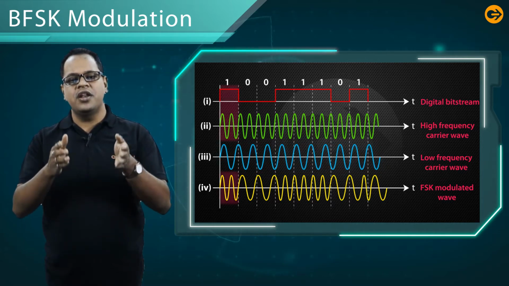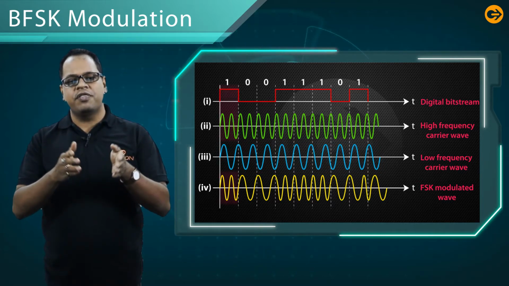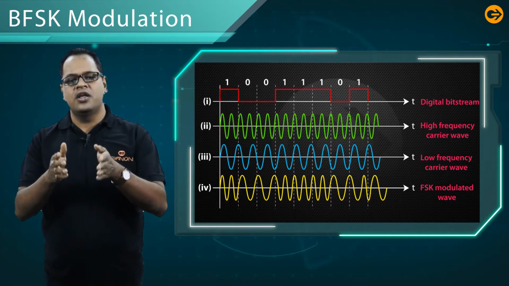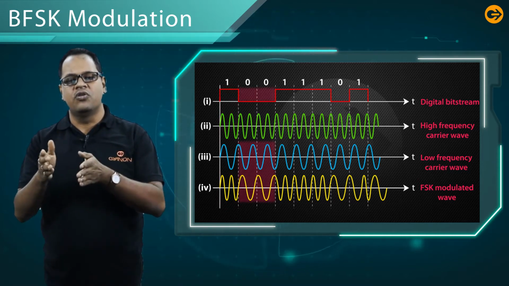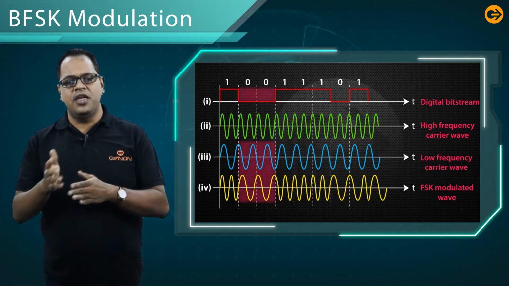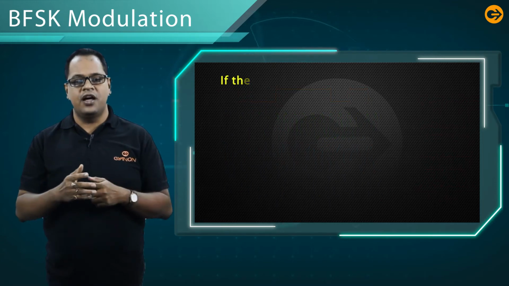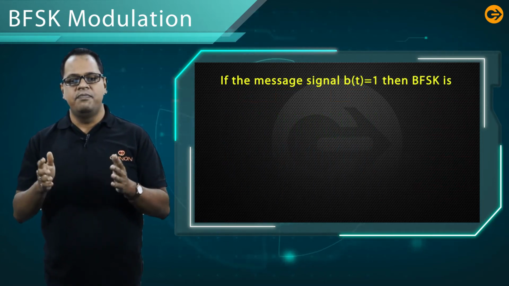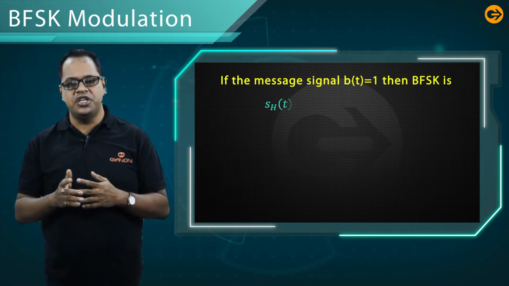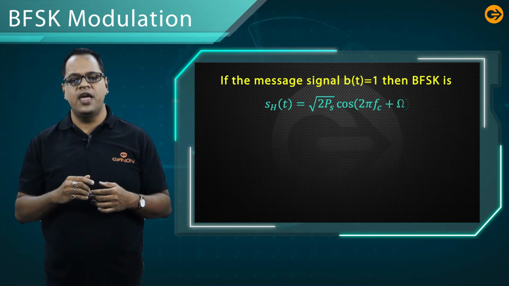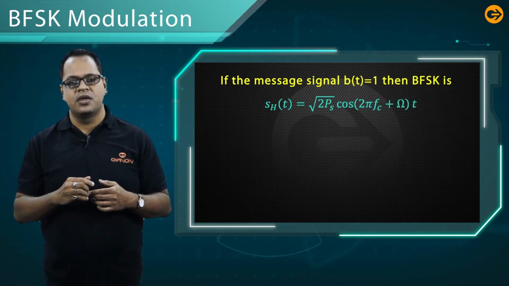Now, when the signal is 1, the corresponding modulated signal carrier will be high, and when the signal is 0, the corresponding carrier frequency will be low, as you can see in the figure. If the message signal b(t) is equal to 1, then BFSK s_H(t) is equal to root Ps cos 2 pi (fc + omega) t.